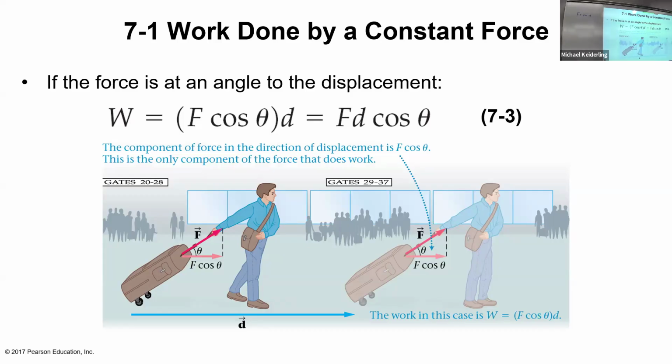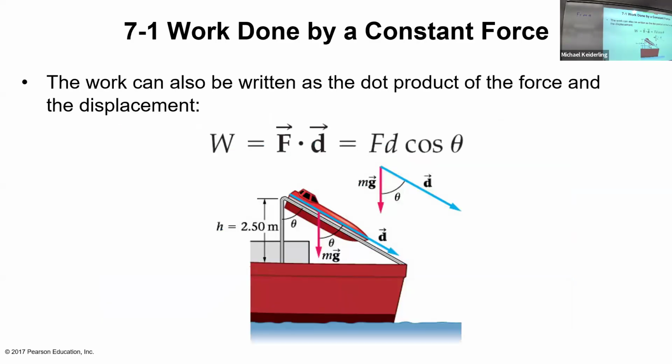So it's maximum when they're pointing in the same direction. It's 0 when they're at right angles. And it's negative when they're pointed in opposite directions. So you can write it as the dot product of the force and the displacement. I forgot that was the case. So here you have the force is mg down, and the displacement is along the diagonal.